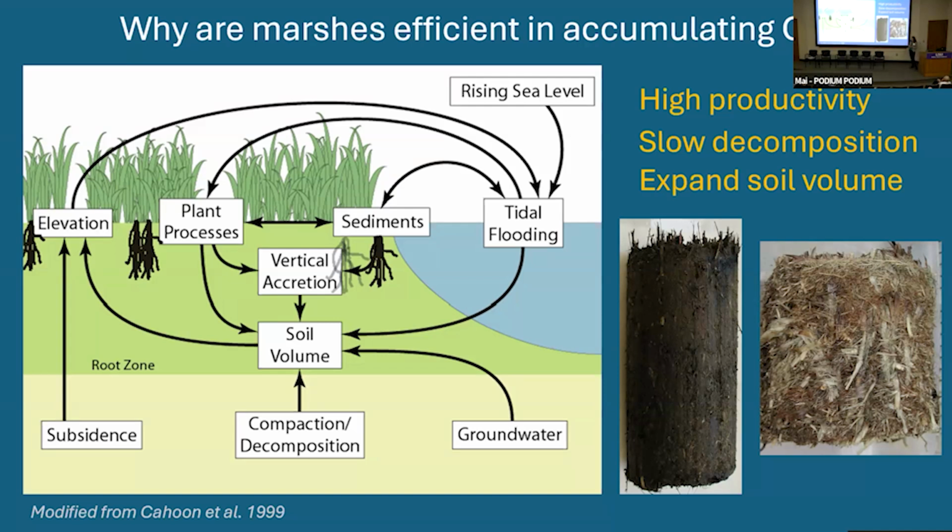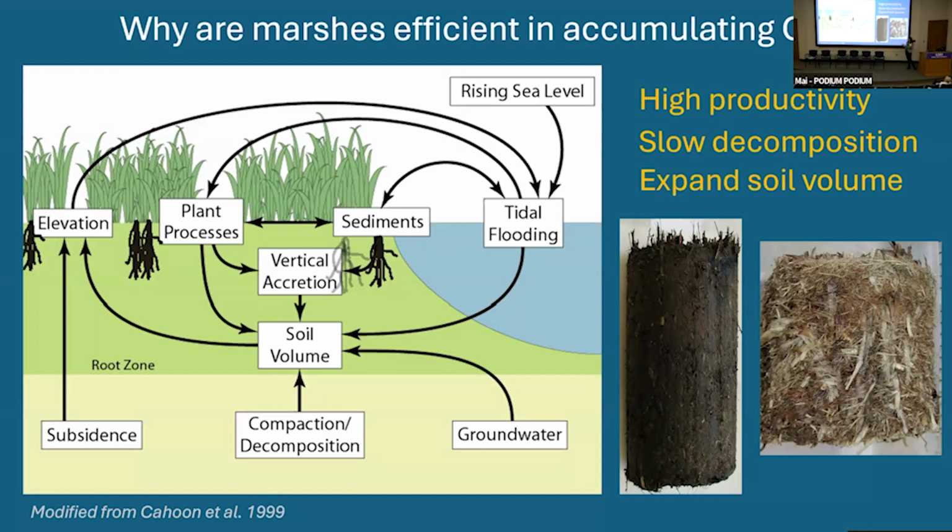It's a process that's illustrated by this diagram here, where when marshes flood with tidal water, there's the opportunity for sediments to deposit on the surface, and that bumps up the elevation, but also creates conditions that are conducive for plant productivity, particularly the growth of roots and rhizomes.